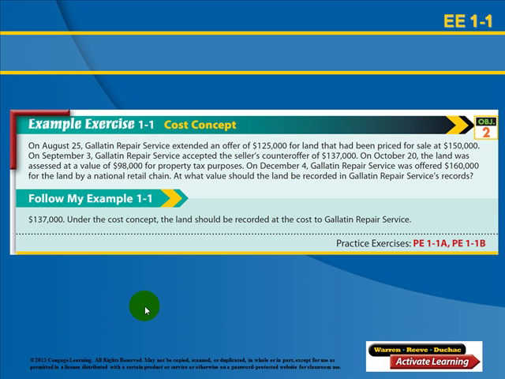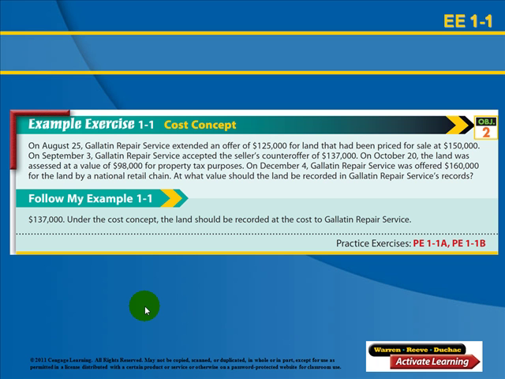Now let's look at an example of the cost concept. On August 25th, Gallatin Repair Service extended an offer of $125,000 for land that had been priced for sale at $150,000. On September 3rd, Gallatin Repair Service accepted the seller's counteroffer of $137,000.